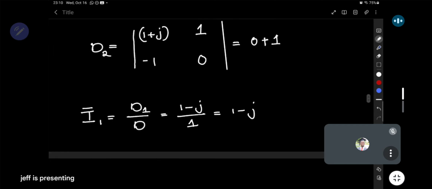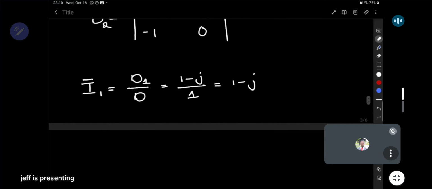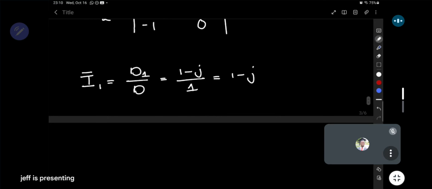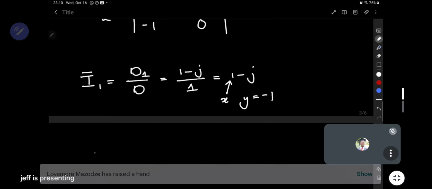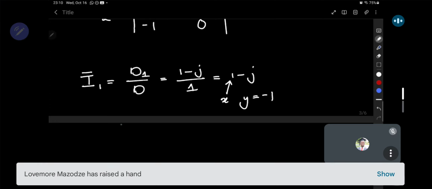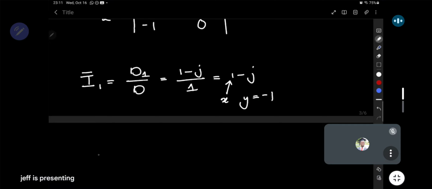After getting this, we can even convert it to polar form. Currently it is rectangular. We know from here x is equal to 1. Since this is a minus, y would have to be equal to -1. So based on this, we can get I, first the magnitude.